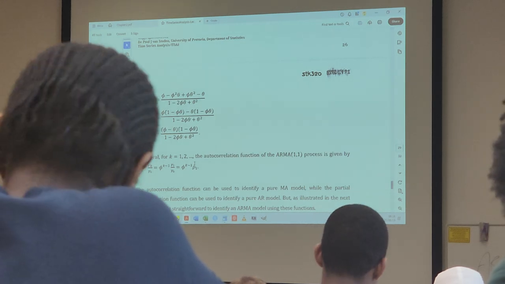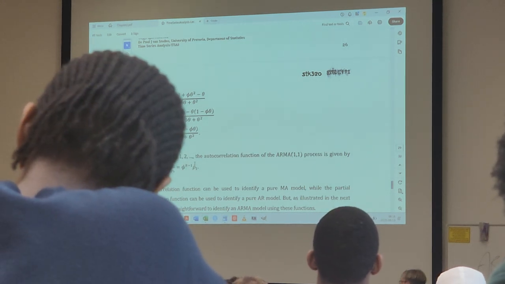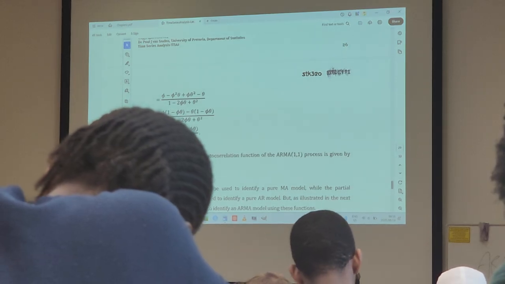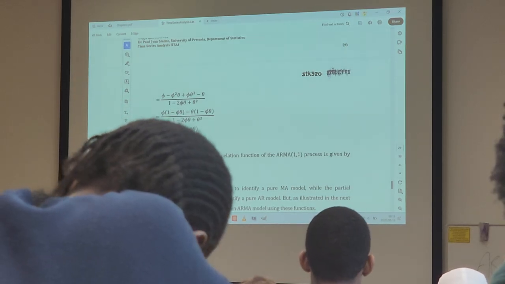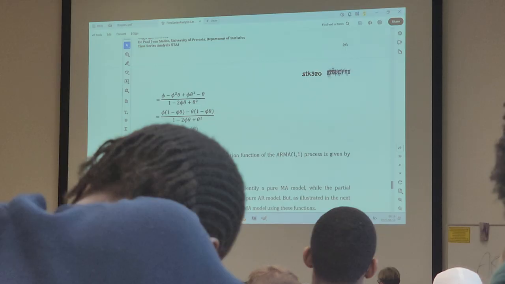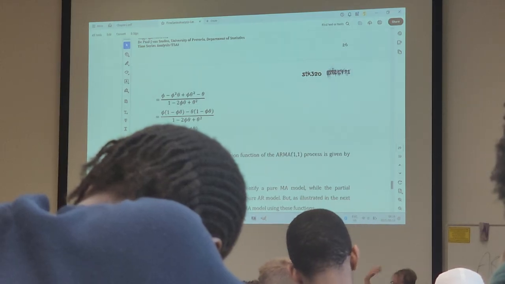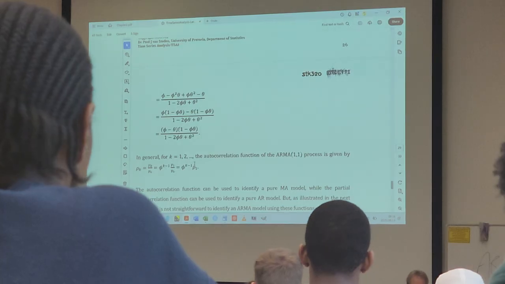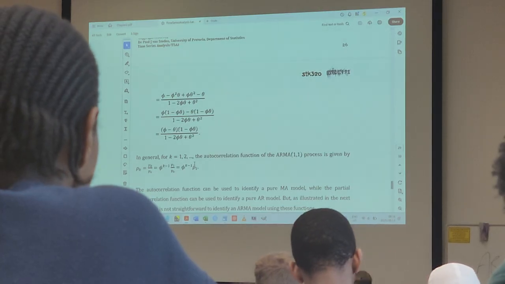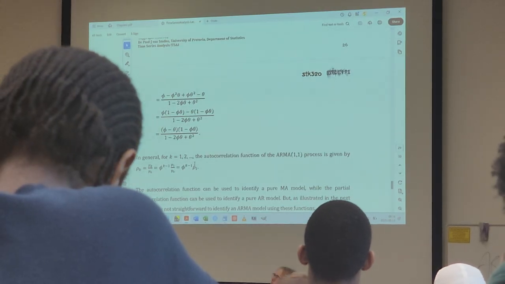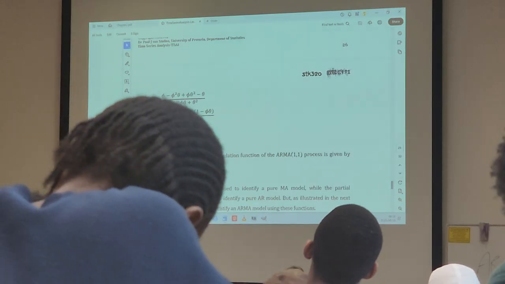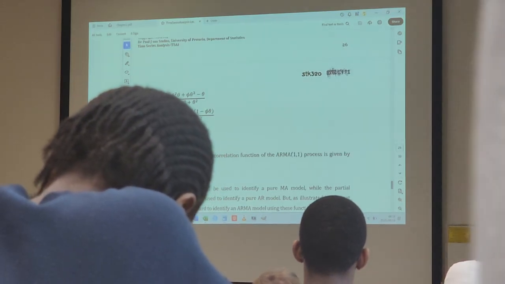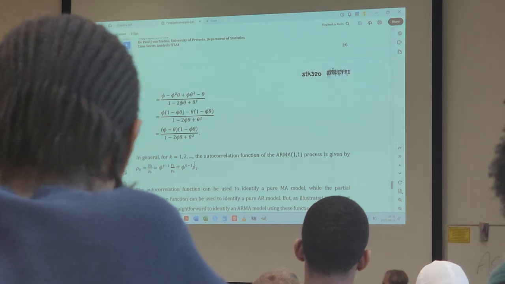You cannot use, for ARMA models, the autocorrelation function to identify the MA part and then use the partial autocorrelations to identify the AR part. It does not work. We will see in a later chapter, I think chapter 4, how we can use other identification methods to identify the orders for ARMA models.